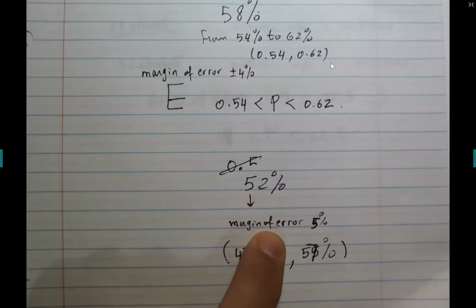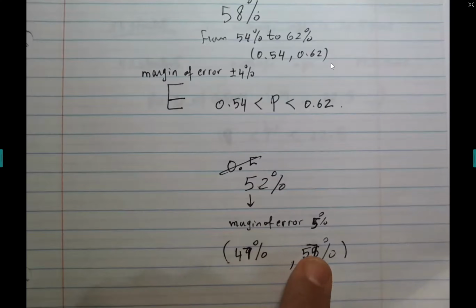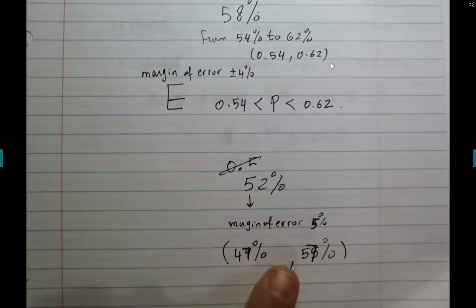And we're going to learn today how to find the margin of error and construct those intervals. So 47% to 57% has values that are less than 50% and values that are more than 50%. So it's a win or a loss. Both exist inside this interval.